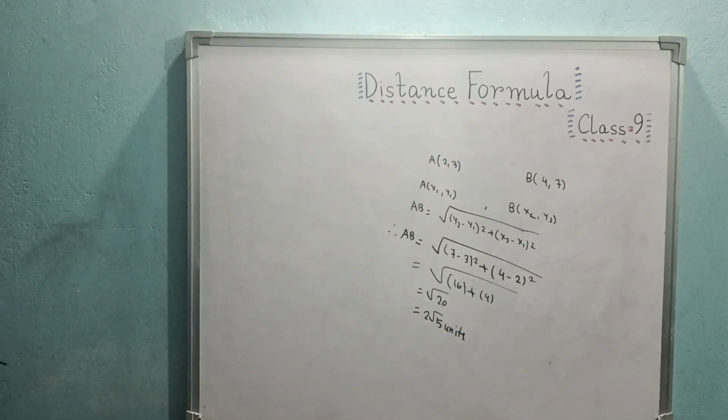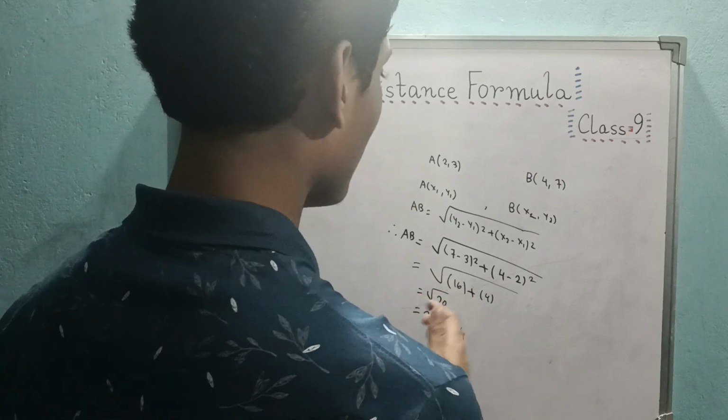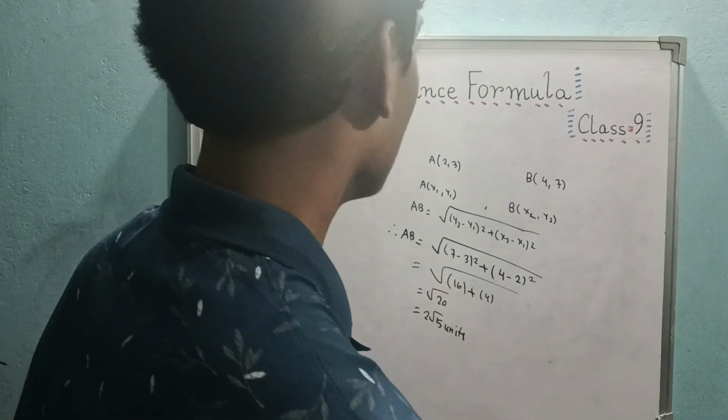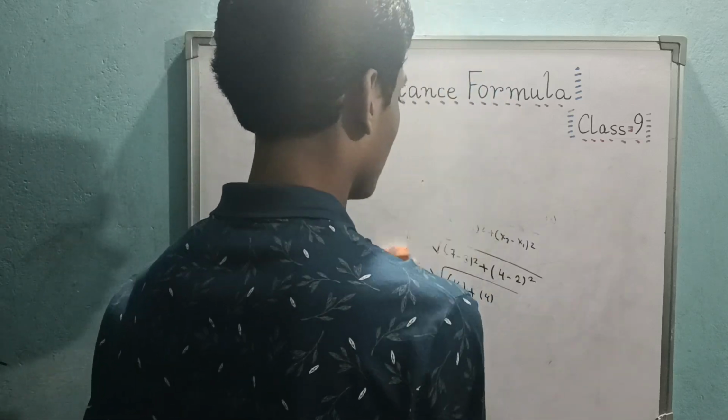That's how you calculate the distance between points on the Cartesian plane. So this is a simple distance formula. Let me just write it aside for all of you to see properly.